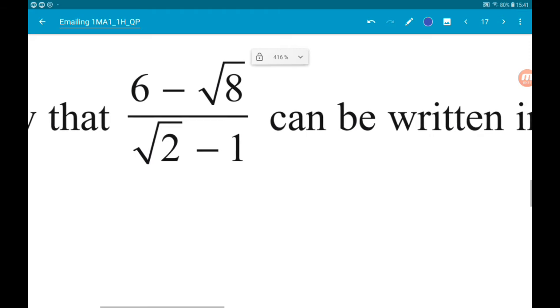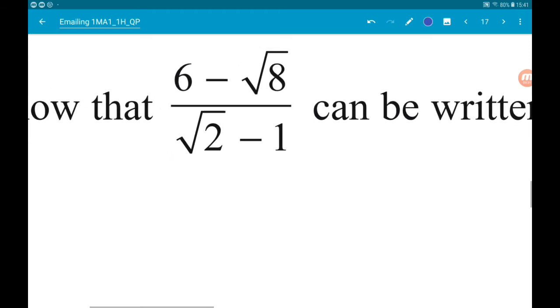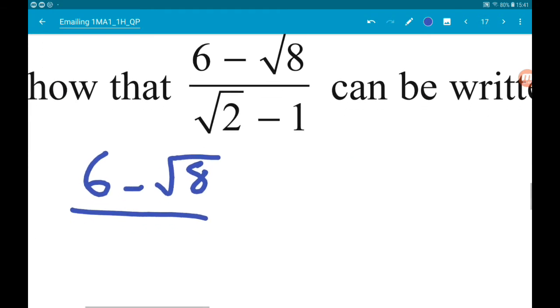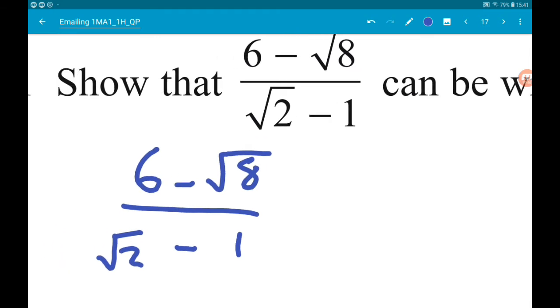So when you have a 2-term surd denominator, we use the difference of 2 squares. Because we have a root 2 minus 1 down there, we're going to multiply the top and bottom by root 2 add 1.